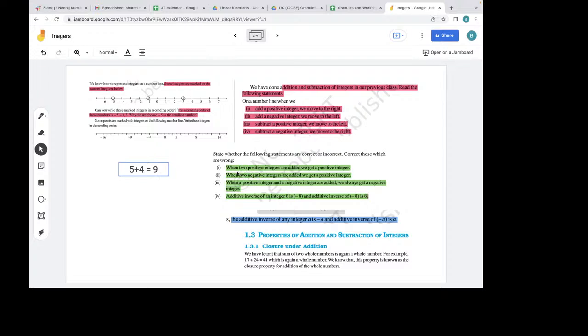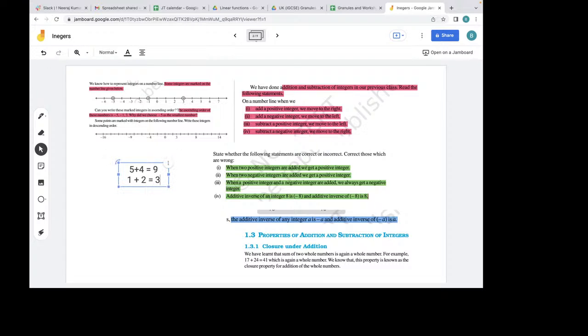You can take another example as well to figure out whether it is not an exception. So let's take 1 plus 2. Let's say we need to add 2 to 1. Again we are adding a positive integer and we have to move to the right. So let's take 2 jumps from 1 and we will reach 3.